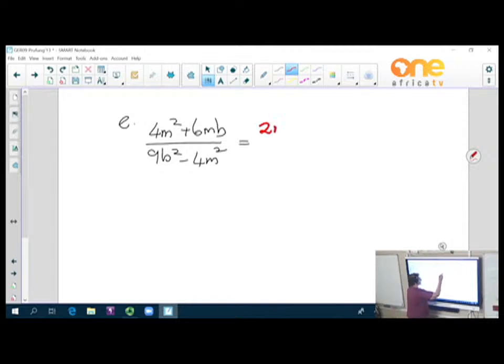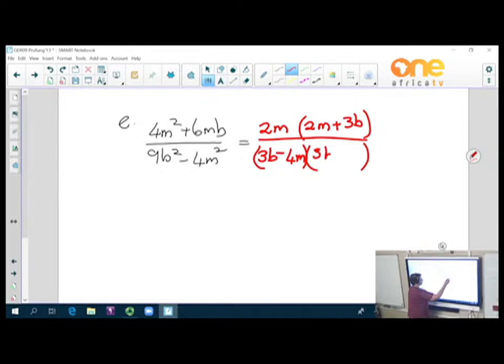So I can take out 2m, divide, then there remains 2m plus 3b. What is this? Two numbers, so it's the difference between squares. Everything is square numbers here. So I get the square root, 3b minus, 3b plus.